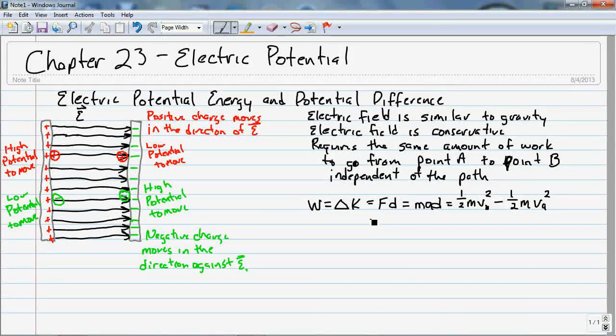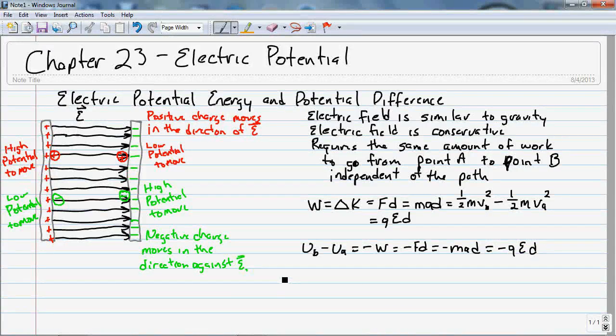But in the electrical sense, that's just the charge moving through an electric field a certain distance. Now the difference in potential energy is just equal to the negative of the work. That's the negative of the force times the distance, negative of the mass times the acceleration times the distance, and in the electrical sense, negative of Q times the electric field times the distance.